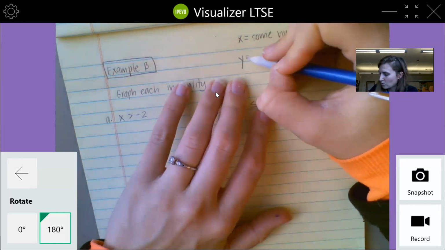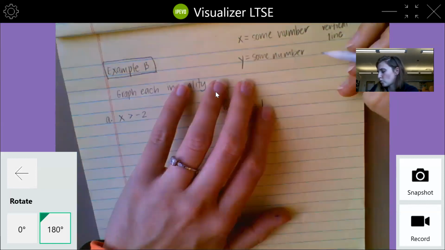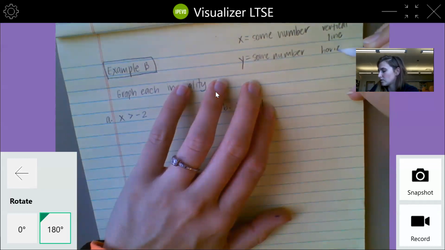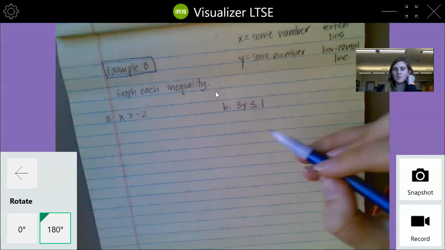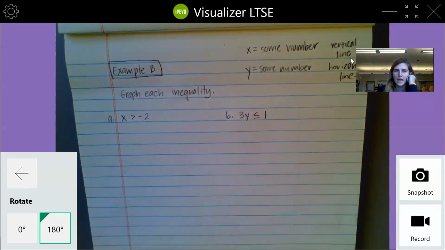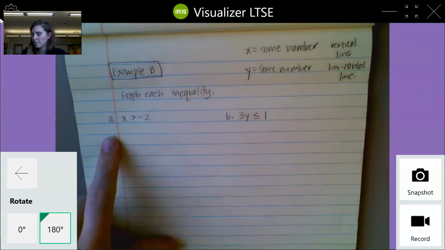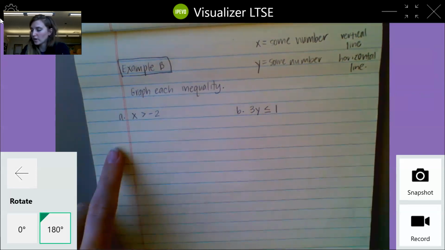And y equals some number will be a horizontal line. So same thing with these inequalities: we have a vertical line for the first one, and then a horizontal line for part B. So let's go ahead and graph these.